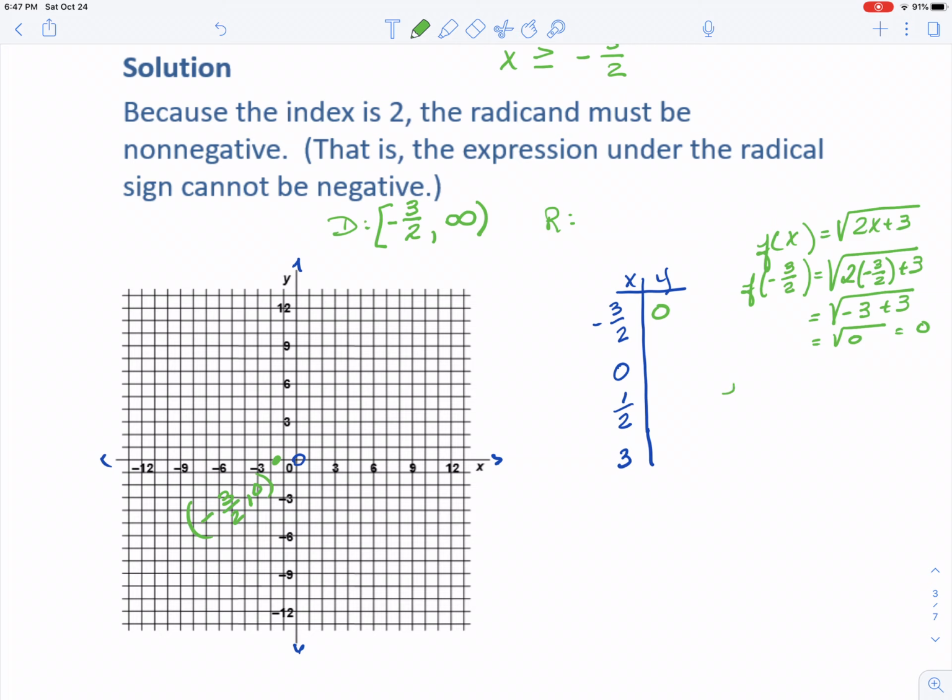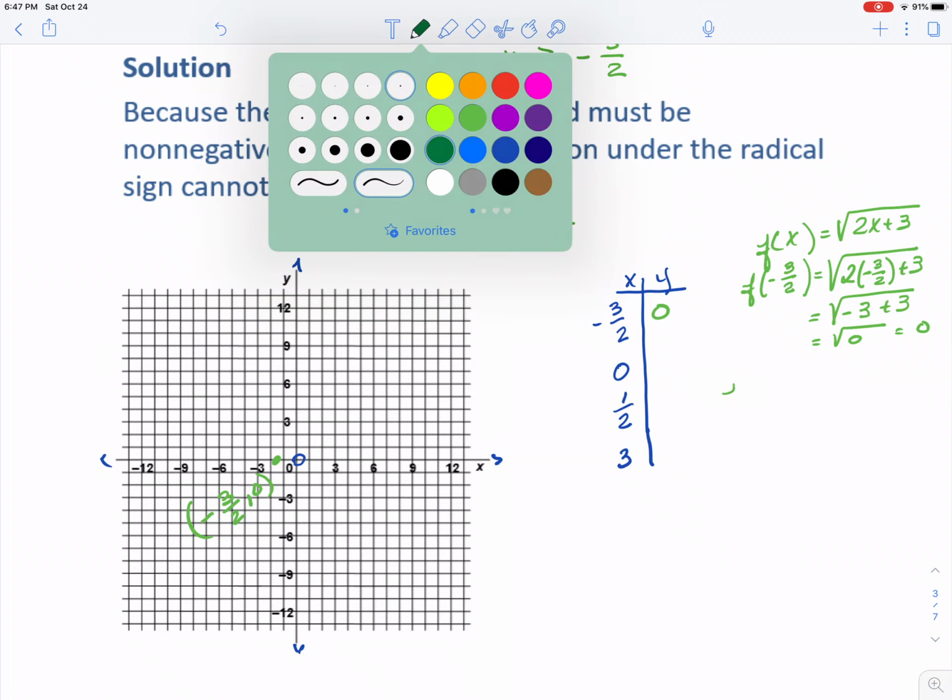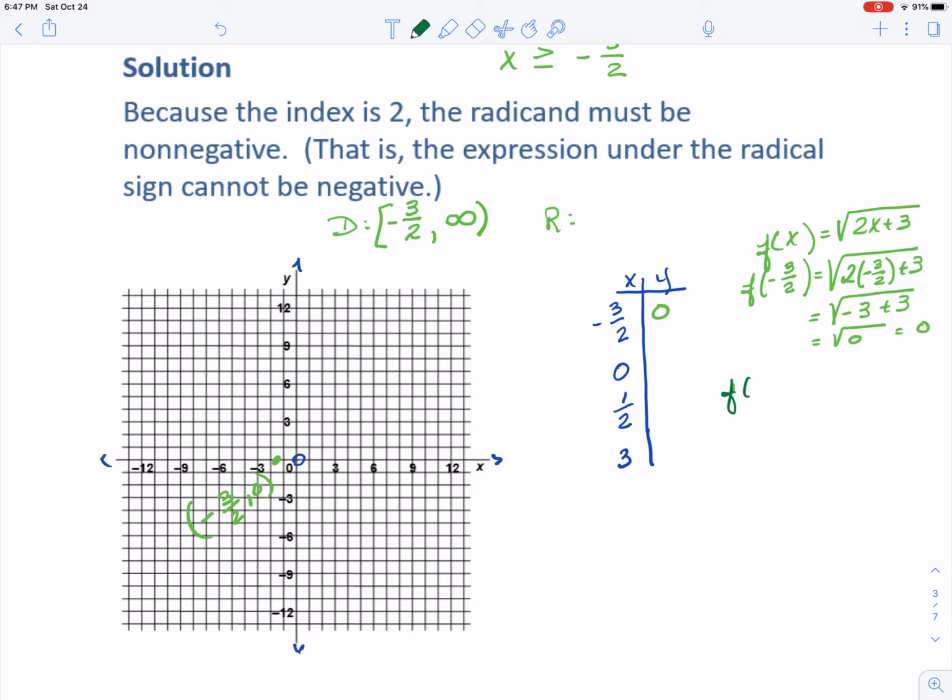Okay, so the next point, let me change color so you can see when we go from one to another. The next x value I chose was 0. So we're just plotting points here. And this is where you're going to need your calculator to get an approximate value for the square root of 3. So 0, 1.73 is right about there.